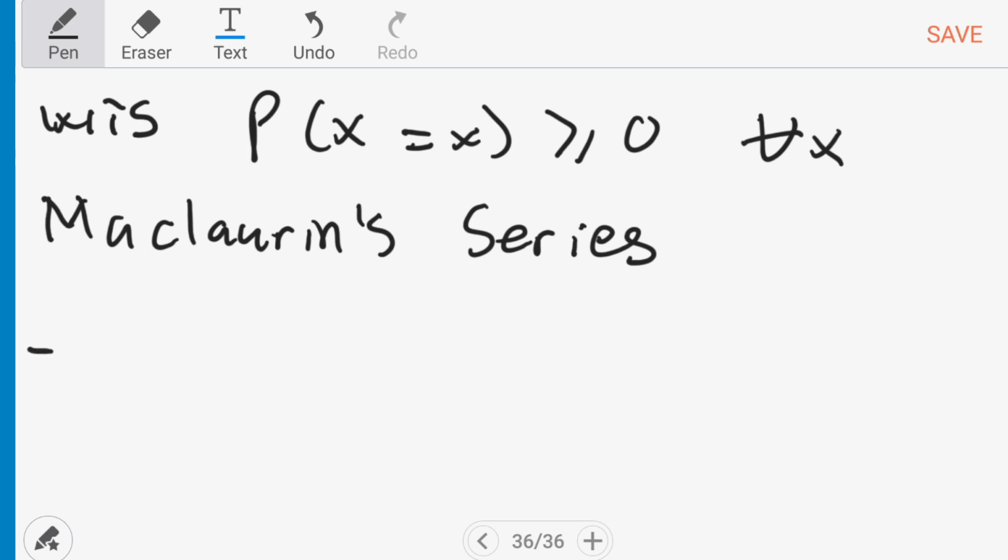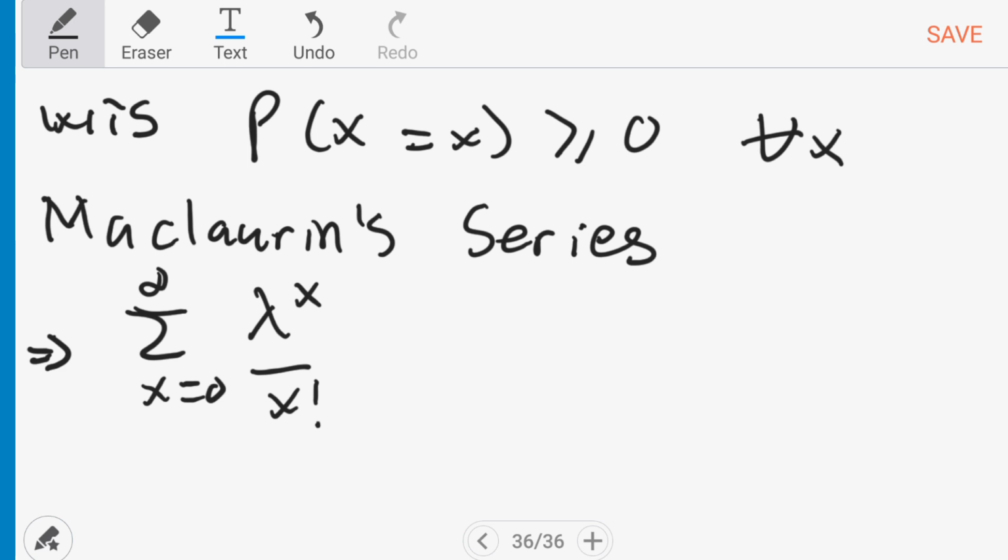So the Maclaurin series states that if you sum from x equals 0 to infinity lambda to the power x on x factorial, you should end up getting e to the power lambda.